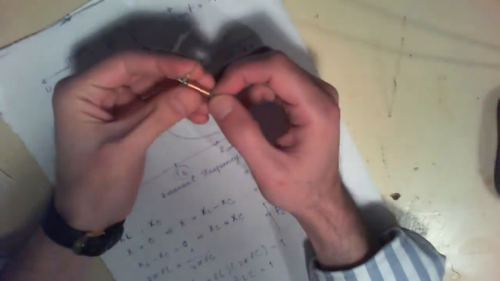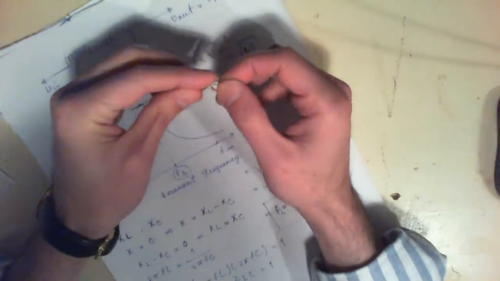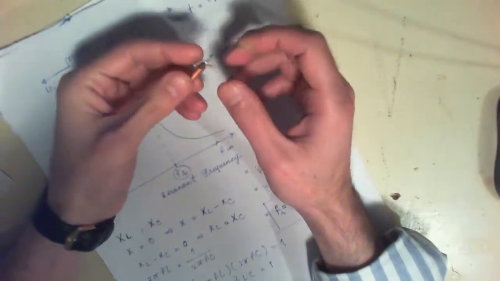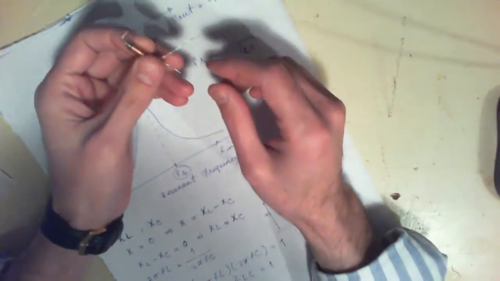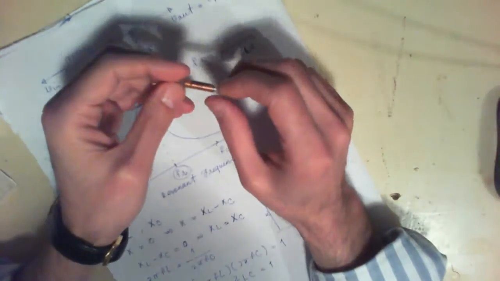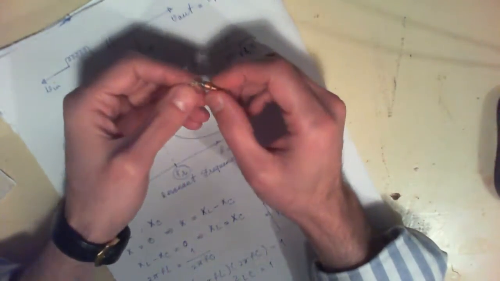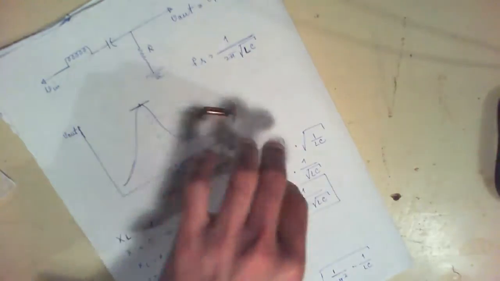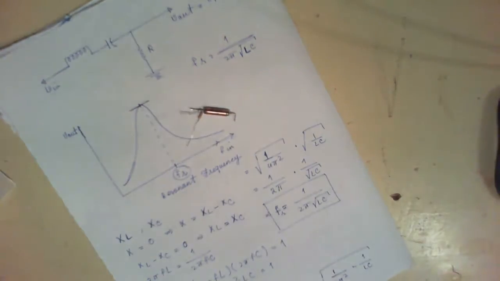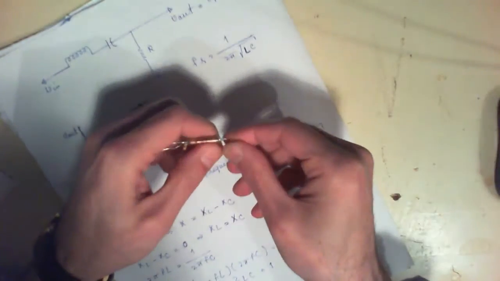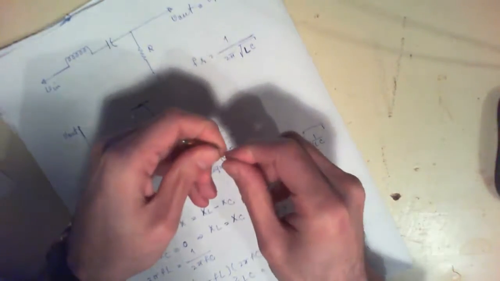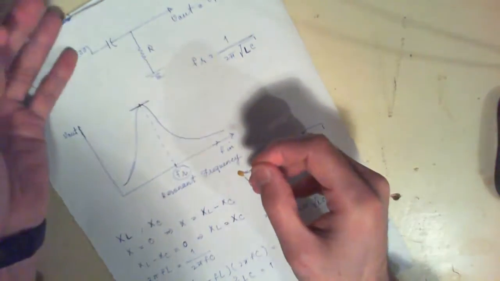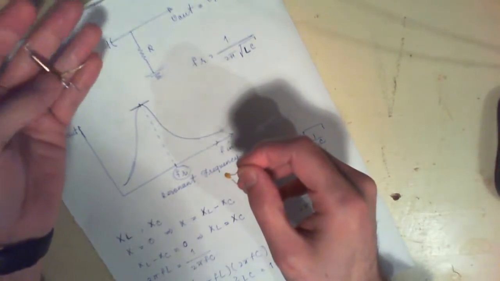Okay, so now in order to see how this circuit works, I'm just going to put together a simple inductor. The values are not that important right now, because I don't want to note down any values, I just want to see the peak. I have this inductor connected to this resistor, and I connect one end of this capacitor to this inductor, meaning first the inductor, then the capacitor.